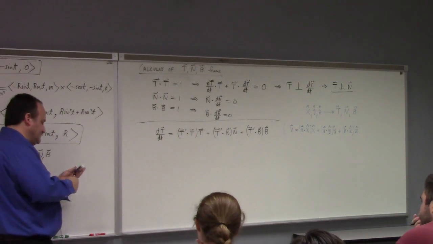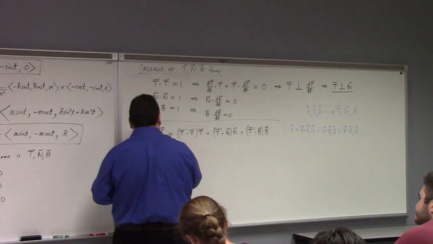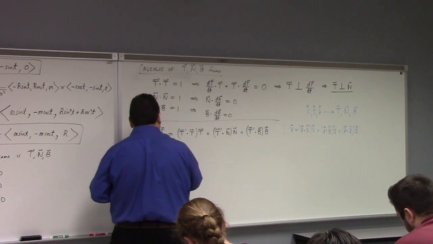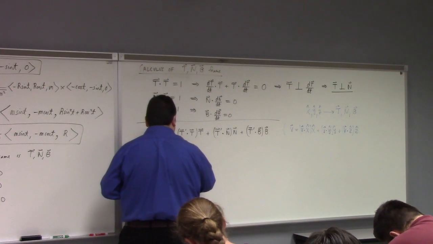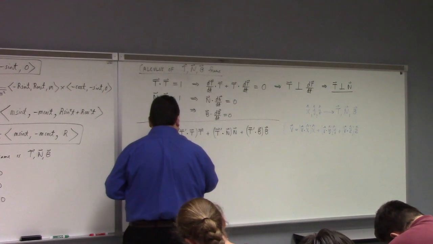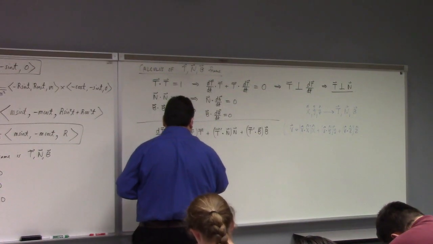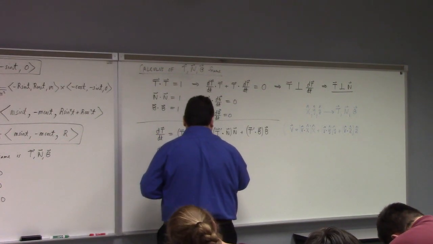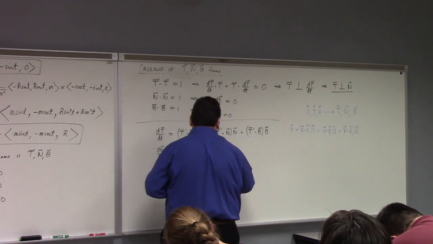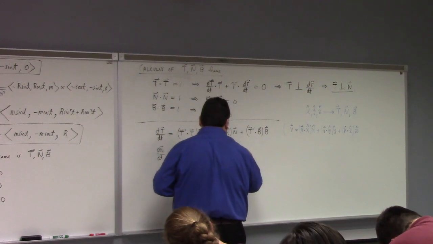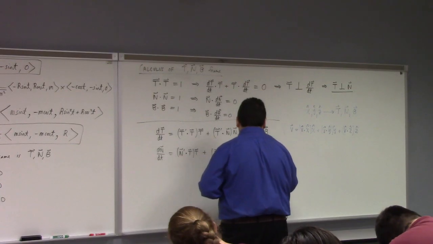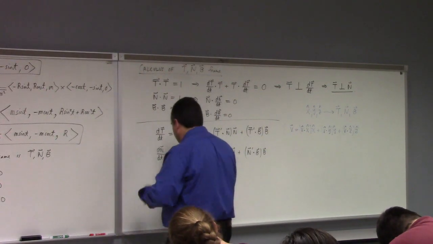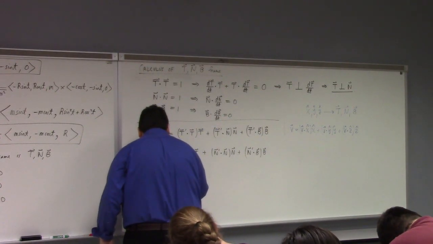And I can do the same thing for dn/dt. So I can do n prime dot t plus n prime dot n plus n prime dot b. And of course I can also calculate db/dt in the same way.